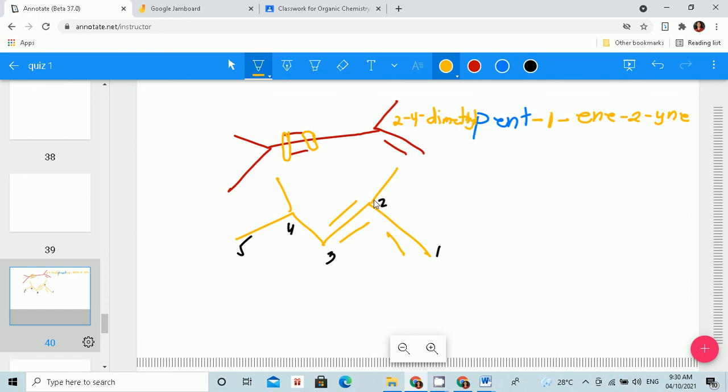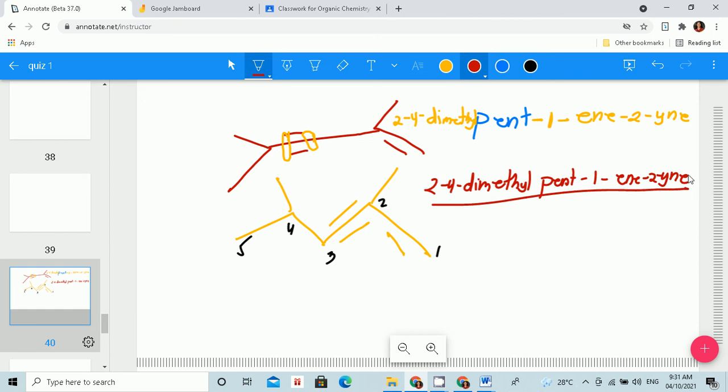Pent 1 into ein. Okay, so that will be the name, which is 2,4-dimethylpent-1-en-3-yne. Okay, so this is our name.